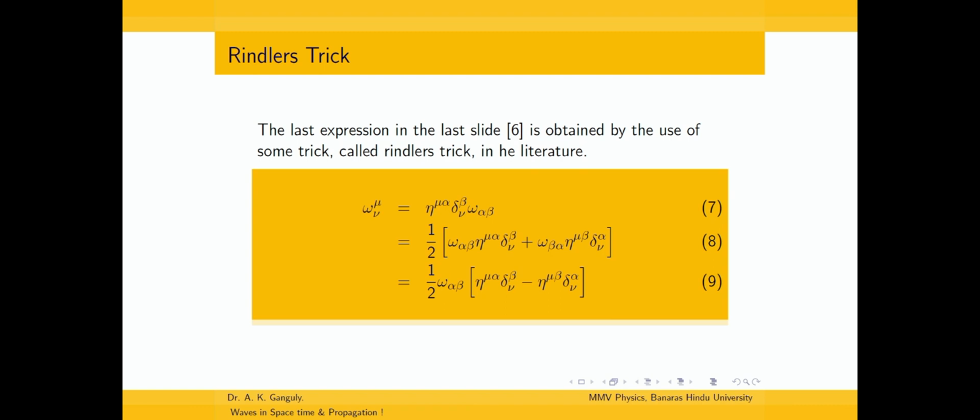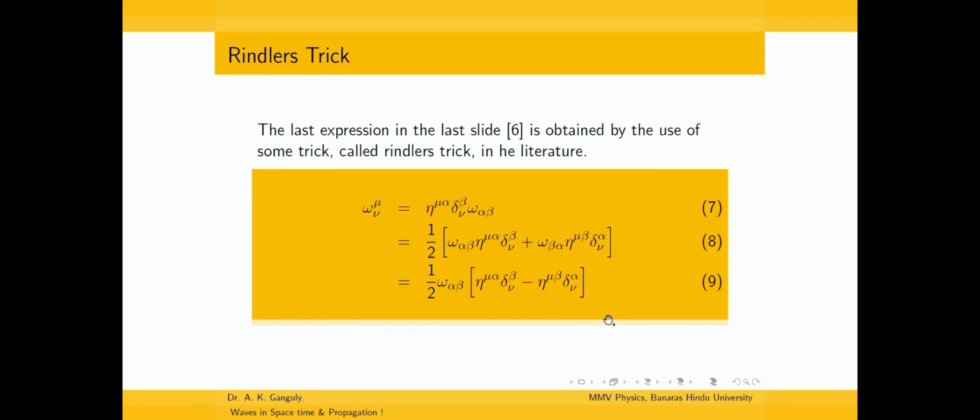In the first case, we retain the indices in their order as alpha and beta, and in the next term we interchange alpha with beta and beta with alpha, and this is what we have obtained in the eighth equation for omega of mixed indices mu and nu.